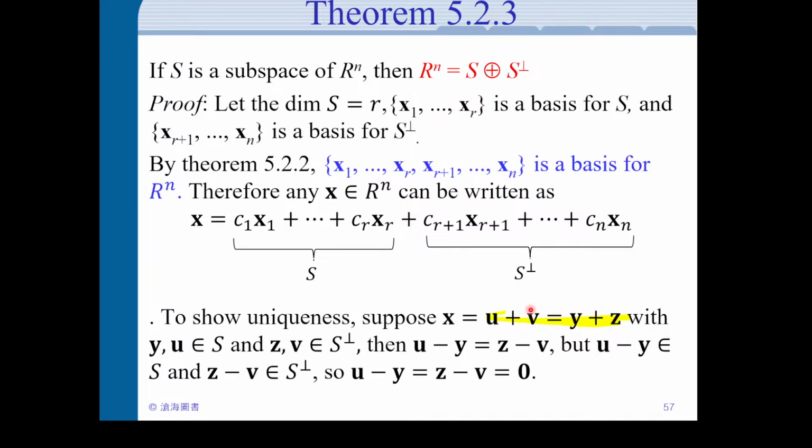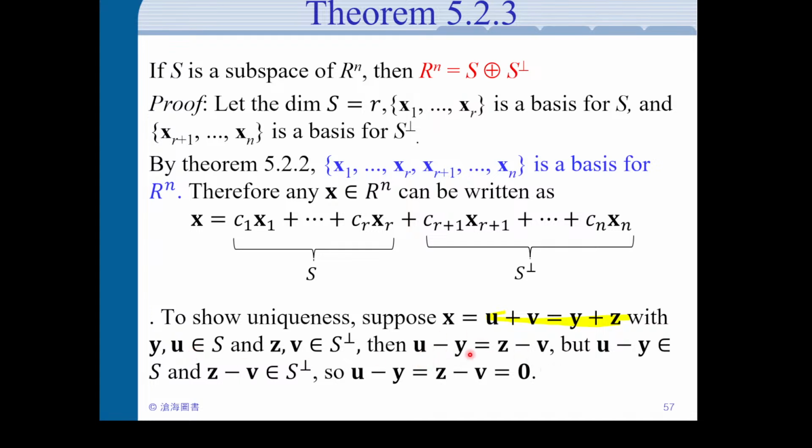Move Y to this side and V to the other side. Then we have U minus Y equal to Z minus V. U and Y are both inside S, and Z and V are both inside S perpendicular.